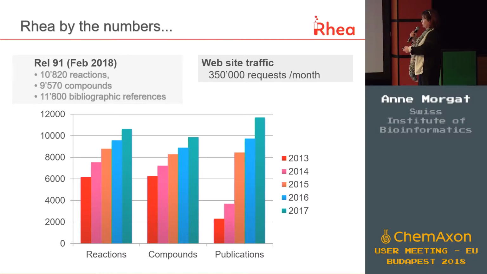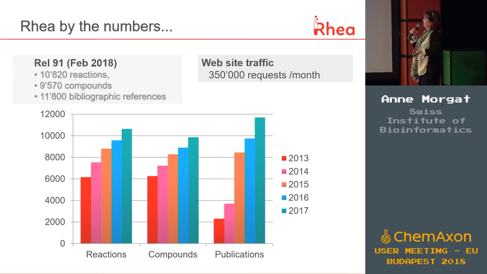On this figure, you can see the growth of RHEA in terms of reactions, compounds, and publications. So we are linear, no exponential growth. And the traffic on the website is a little bit higher, and we have around 350,000 requests per month.